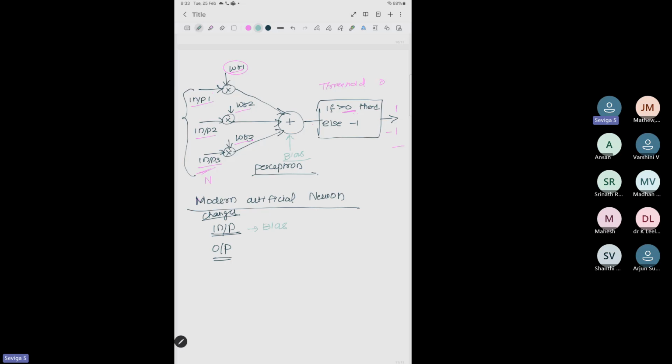This bias is not coming from any other neuron; it is added to the summation. Whereas input 1, input 2, input 3, all these are coming from the outputs of other neurons, the bias is not coming from any neuron. It is just added to the sum. Maybe I will draw it separately.